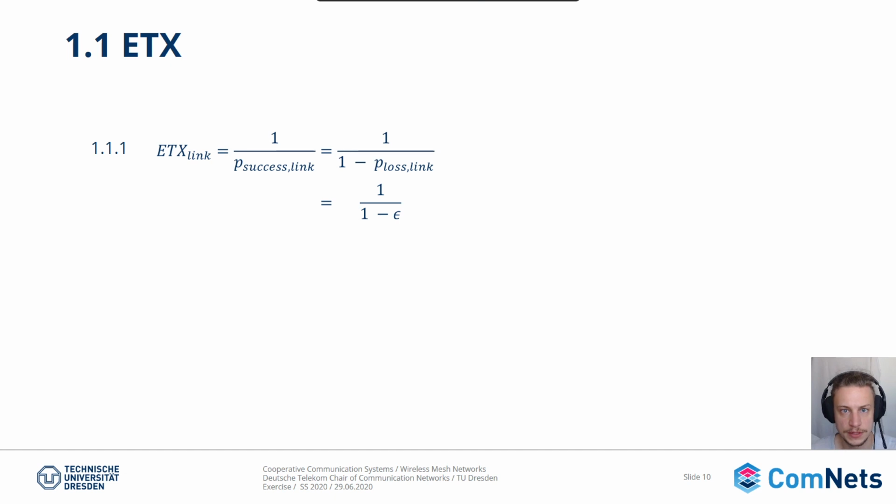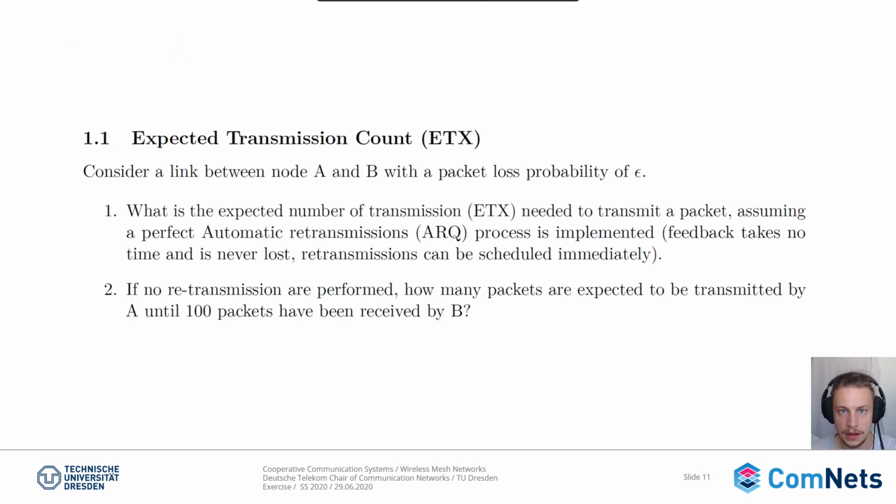So we already come to the second part of the first task. Now we have no retransmissions, and the question is how many packets are expected to be transmitted by A until 100 packets have been received by B. So no retransmissions, no backwards acknowledgement channel, no ARQ, but a continuous packet transmission from A to B over the channel with the packet loss probability epsilon.